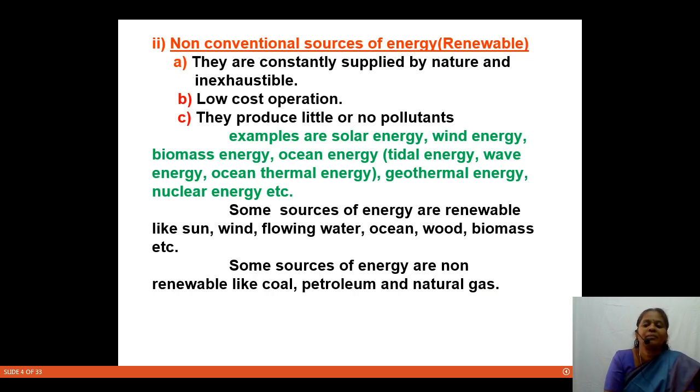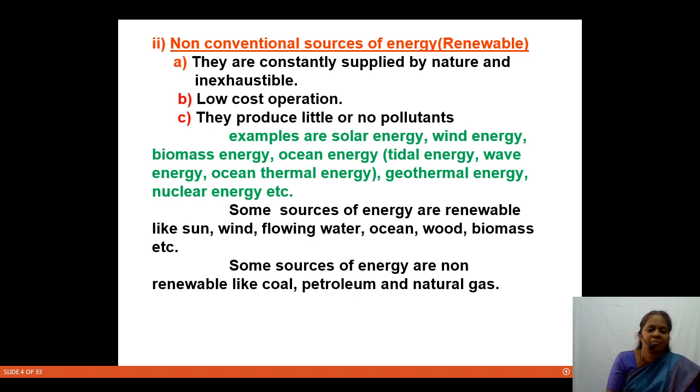Second, renewable or non-conventional source of energy. What is a non-conventional source of energy? They are constantly supplied by nature and inexhaustible. This type of energy we get from nature, especially the sun. Sun energy we have been using continuously for several million years.